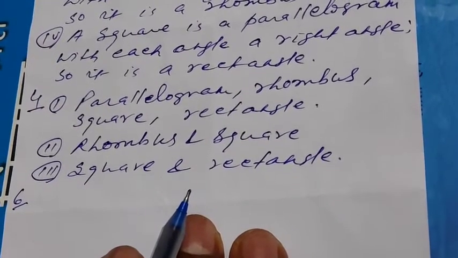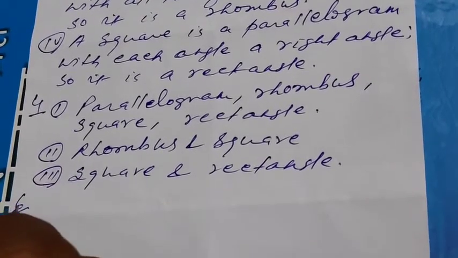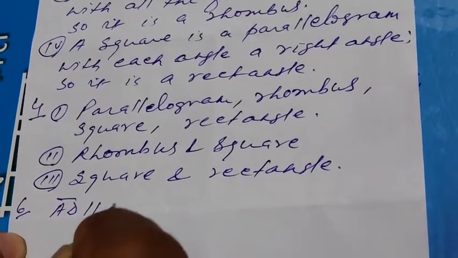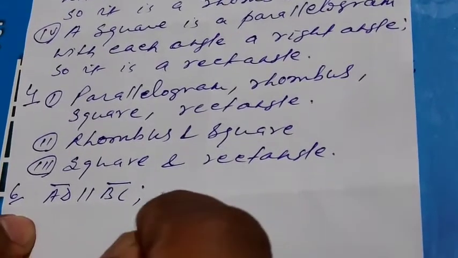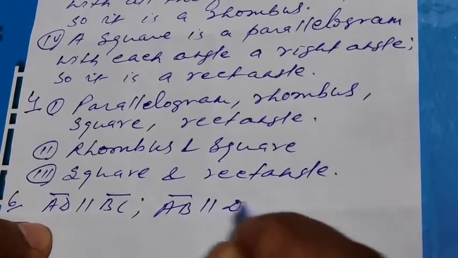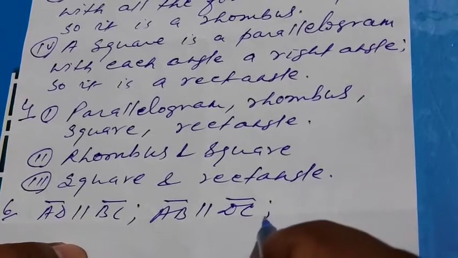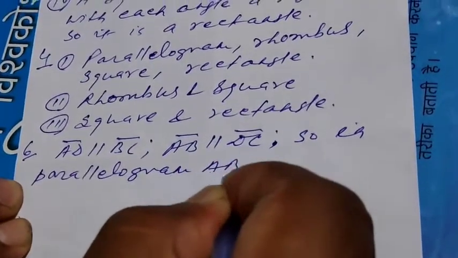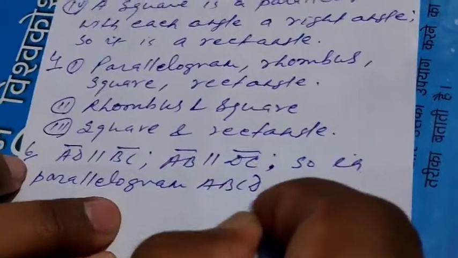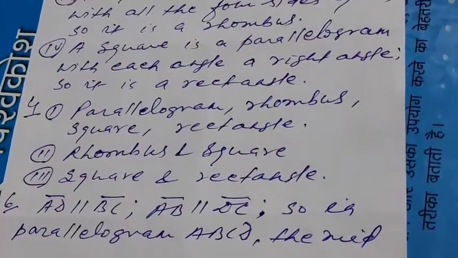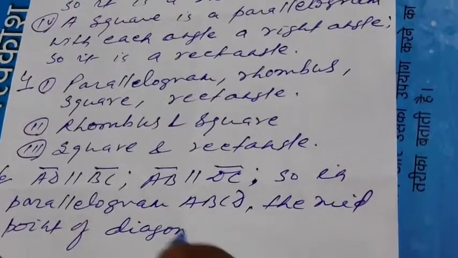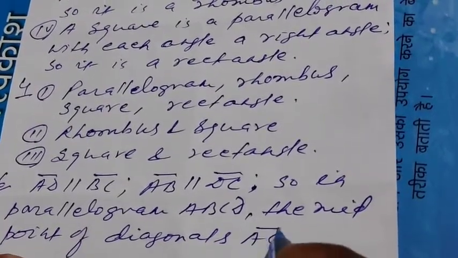You have to explain why O is equidistant from A, B and C. Answer of this question is, since line segment AD parallel line segment BC, and line segment AB parallel line segment DC, so in parallelogram ABCD, the midpoint of diagonal AC is O.